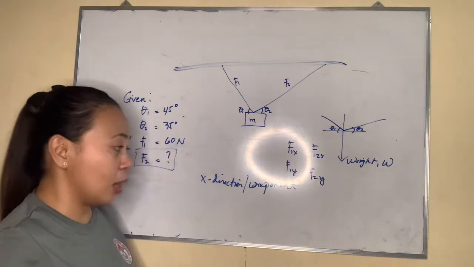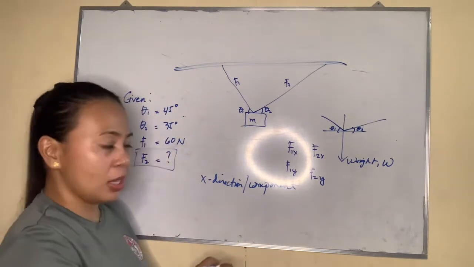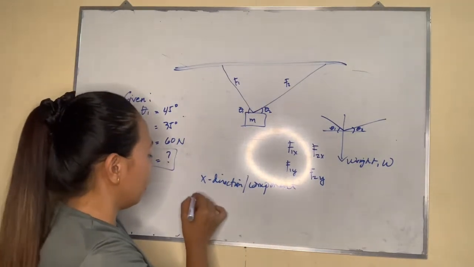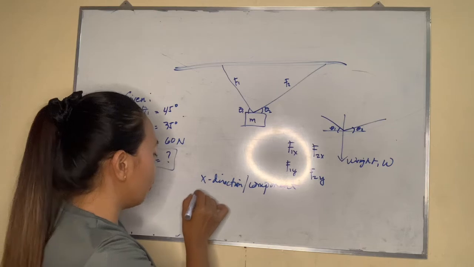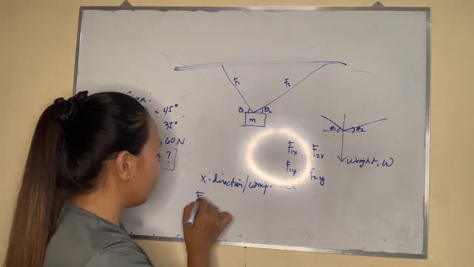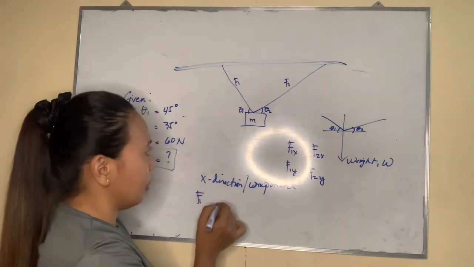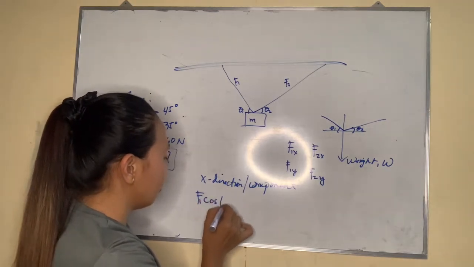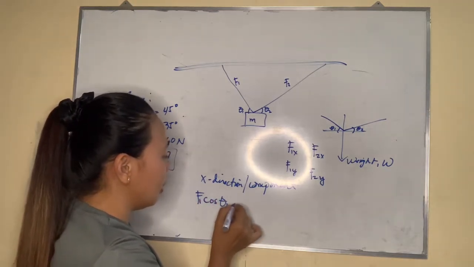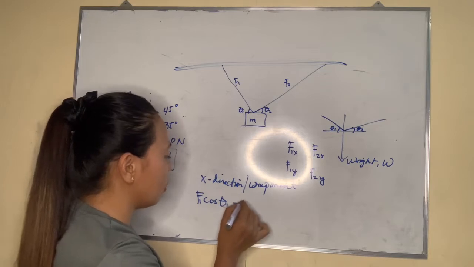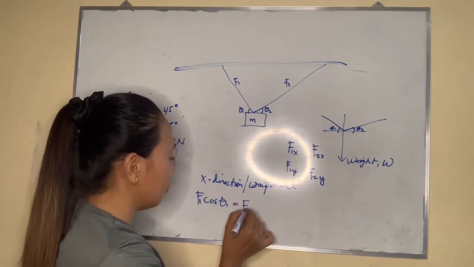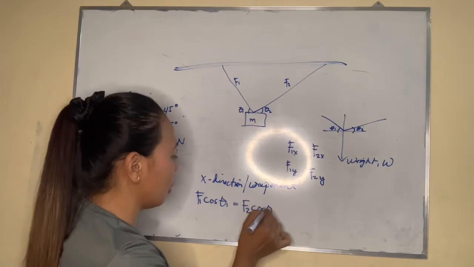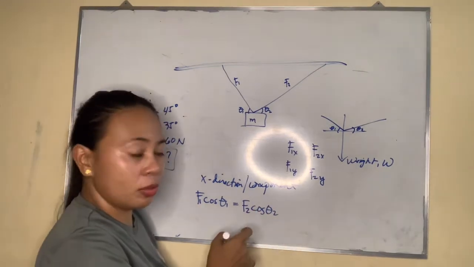In terms of the x direction or x component, paano ang ating equilibrium? Okay, yung state of equilibrium natin. So, we're going to equate, you have there F1 cosine theta 1 is equivalent to your F2 cosine theta 2.